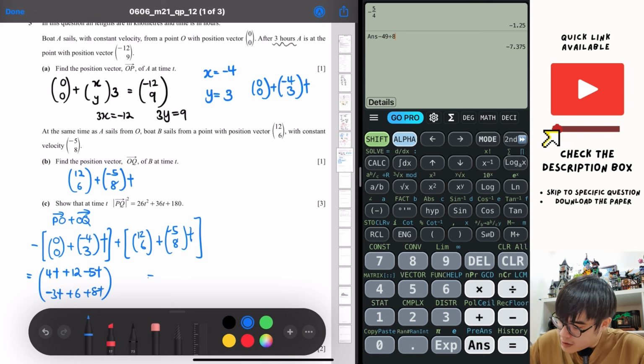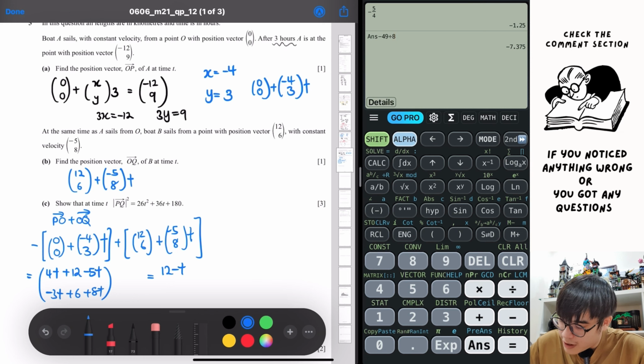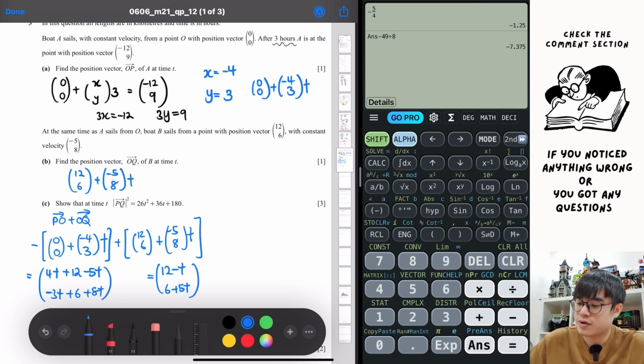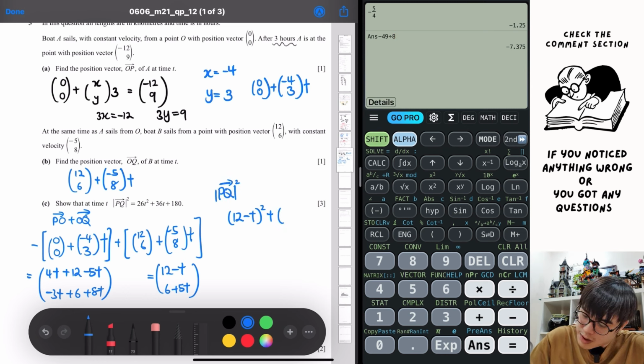So the ultimate answers that you should be getting will be 12 minus t followed by 6 plus 5t. So from here, you run your Pythagoras theorem calculation. Then the results would look something like this.